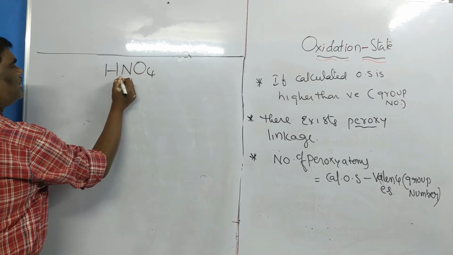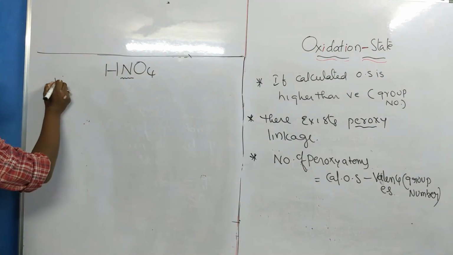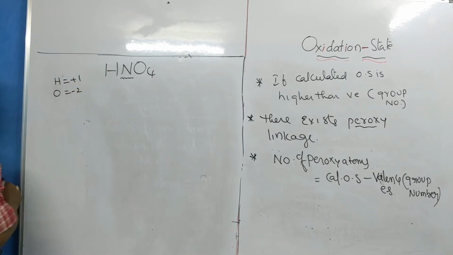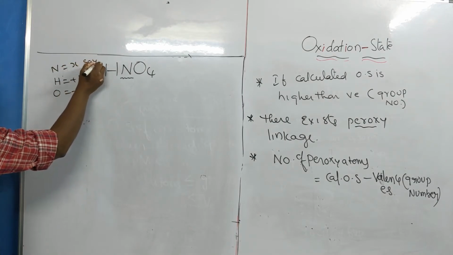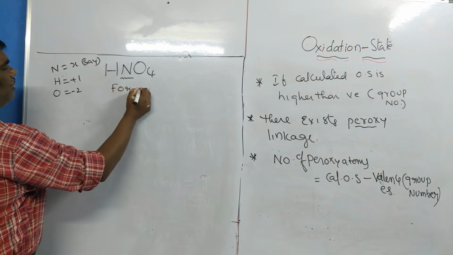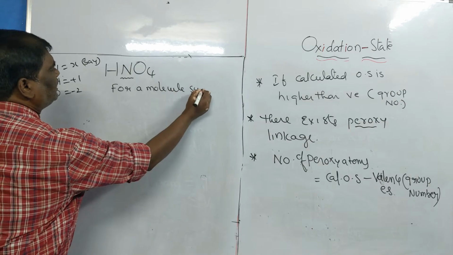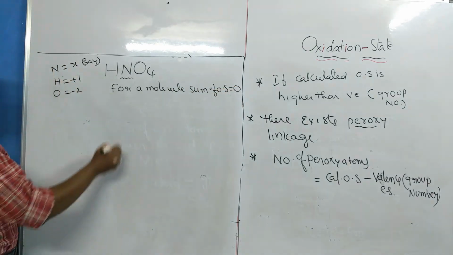HNO4. In this one, we have to calculate the oxidation state of nitrogen. Now you know, generally hydrogen is +1, oxygen is generally -2. Nitrogen, say some X. This is the molecule. For a molecule, the sum of oxidation states is equal to 0.